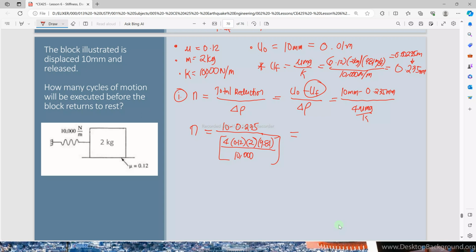The total cycles is 10.39 cycles, or approximately 11 cycles. This means that at 11 cycles, the system has already stopped vibrating. There are no more oscillations. We have already solved this one.